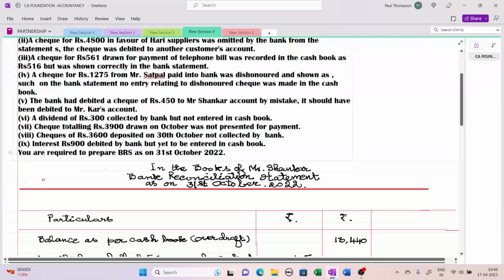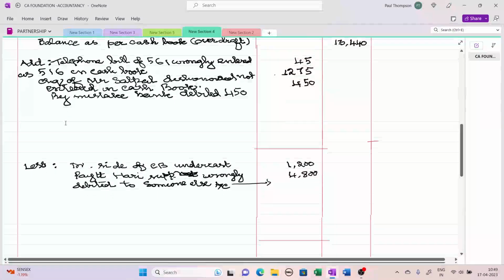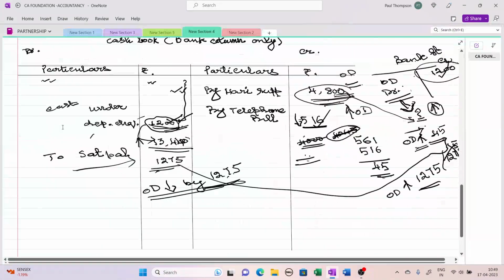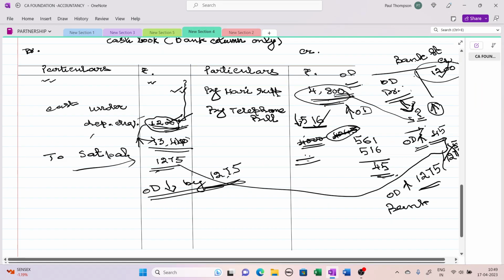Next one is a dividend of 300 collected by bank, not entered in cash book. இப்போ பேங்க்கில் என்ன ஆயிடுச்சு அப்படின்னு கேட்டிங்கன்னா, பேங்க்கில் கிரெடிட் சைடில் பணம் வந்துருச்சு. பேங்க்கில் கிரெடிட் சைடில் 300 rupees வந்துருச்சுனாலே நம்முடைய ஓவர் டிராஃப்ட் குறைஞ்சிருச்சுன்னு அர்த்தம். சரியா?